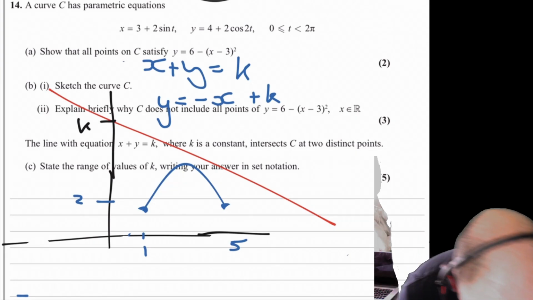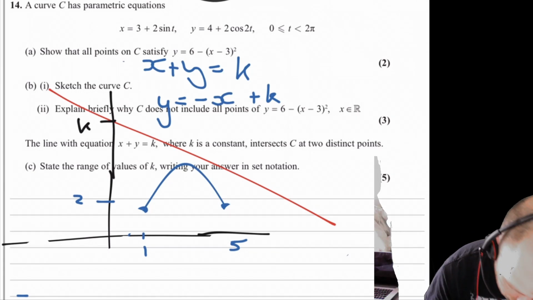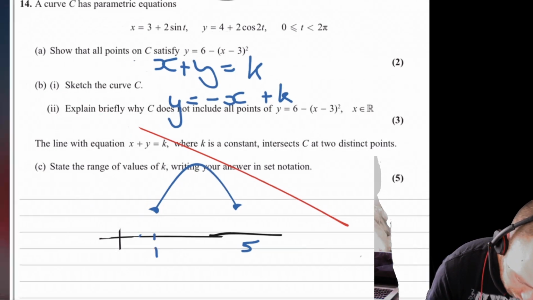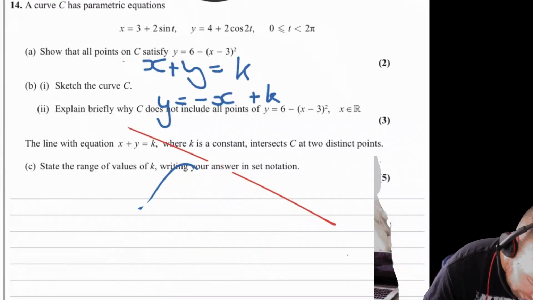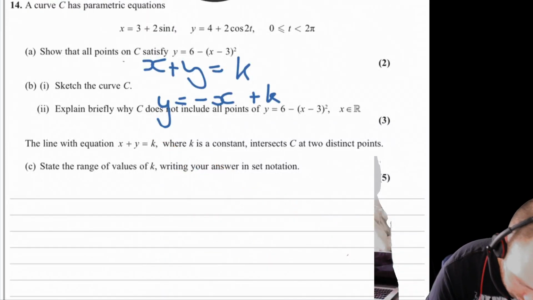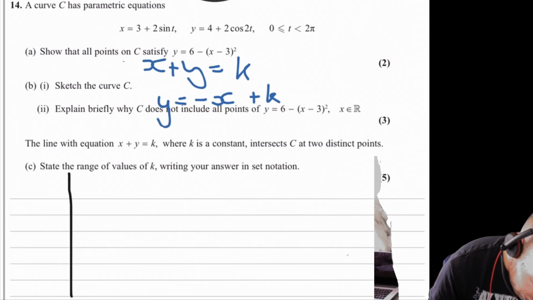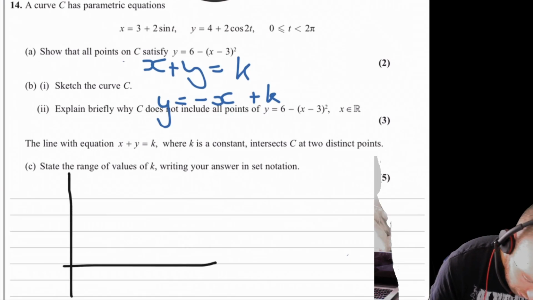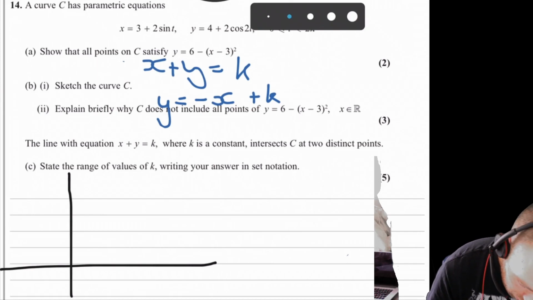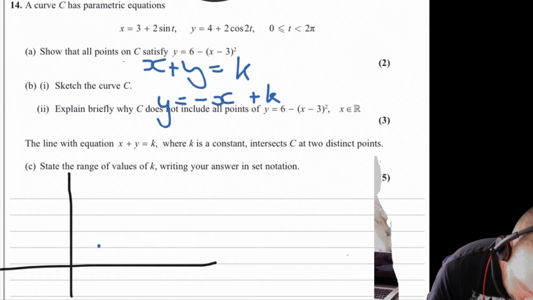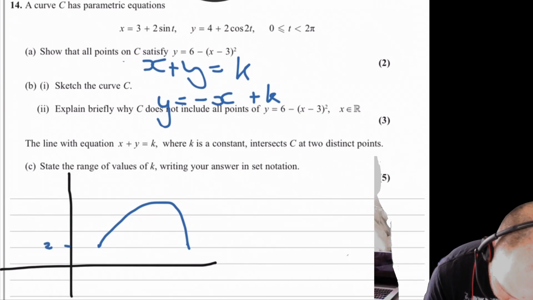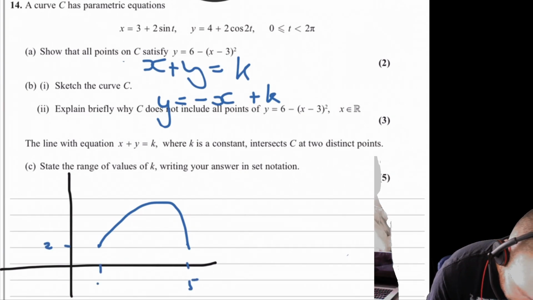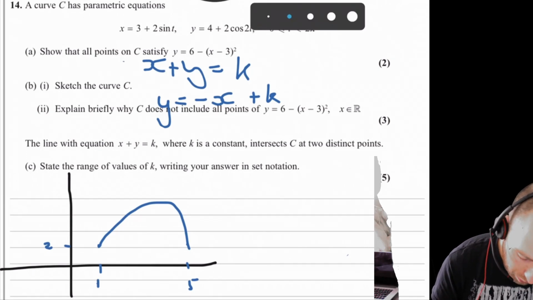Okay, let's have a think. Let's do a slightly better sketch before we do this. So our line, that 1 there, 1, 2, and 5, 2. Don't know where the maximum is, but we might need that in a minute. Because we've got a negative gradient, we can imagine it's like that.